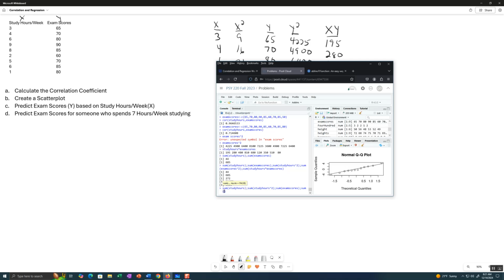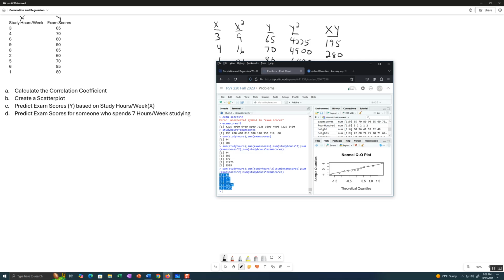The next column is exam score squared. And the final column is study hours times exam scores. And that's going to look better.